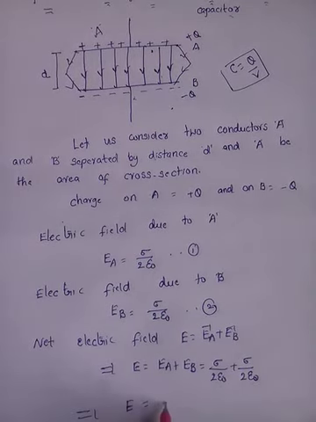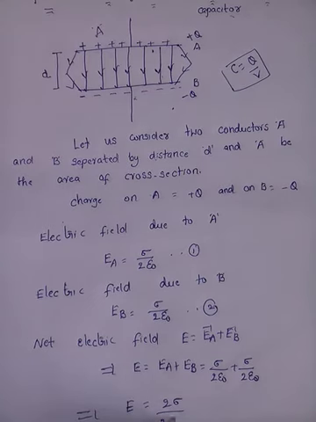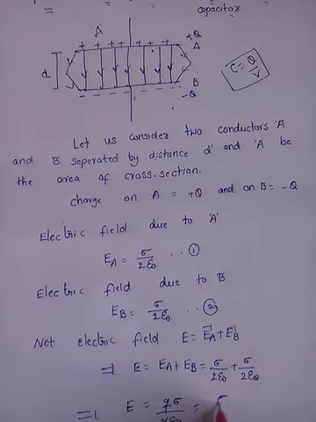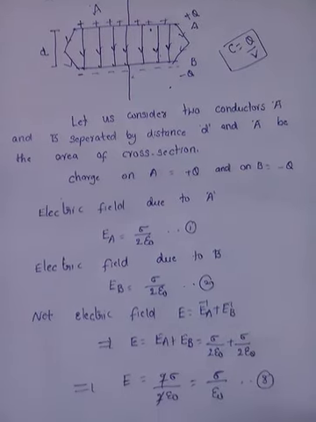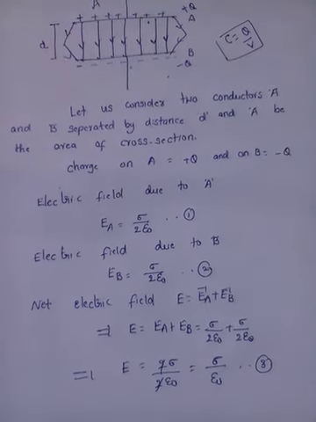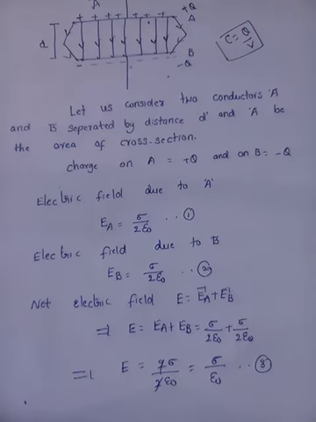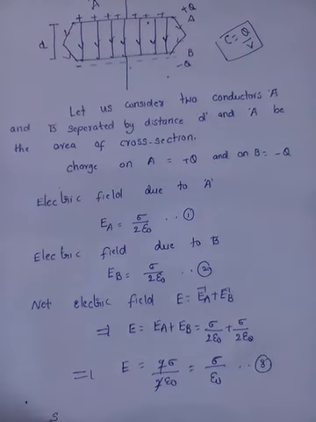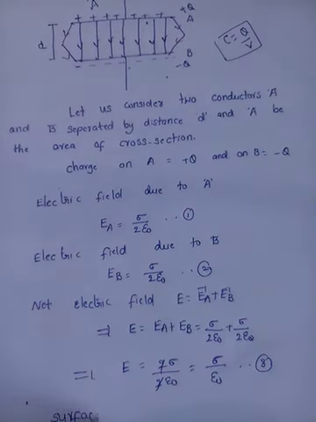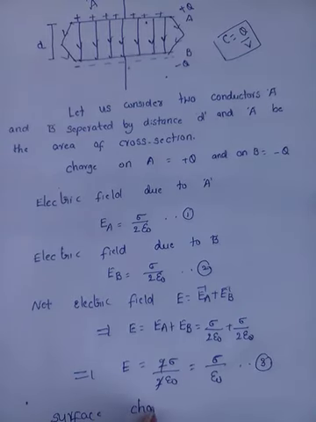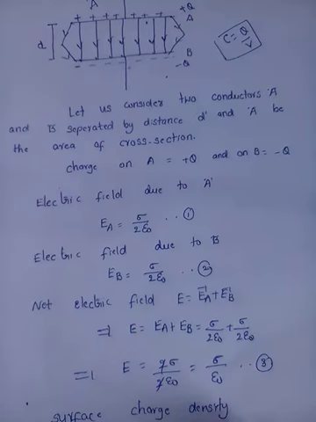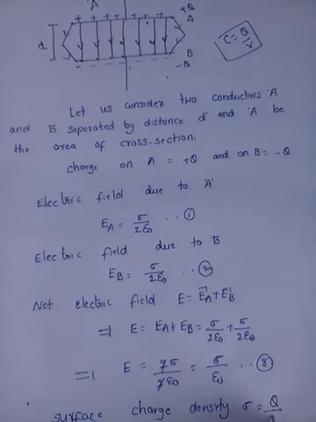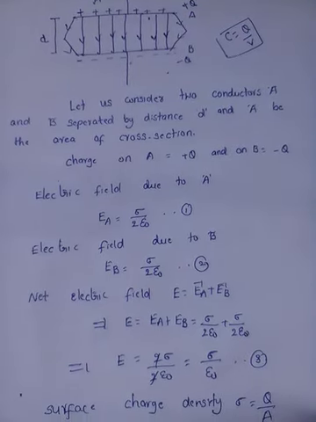That implies E is equal to 2 sigma by 2 epsilon naught, that is sigma by epsilon naught, right. What is sigma? Let sigma be the surface charge density. Sigma is equal to charge per unit area of cross section, right.